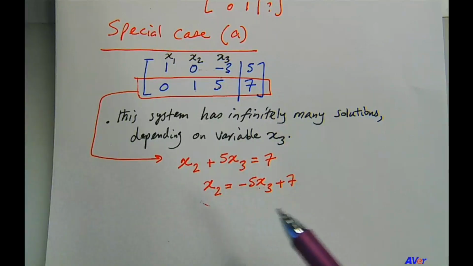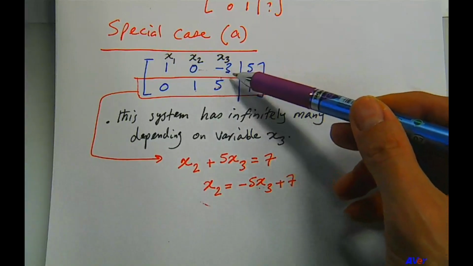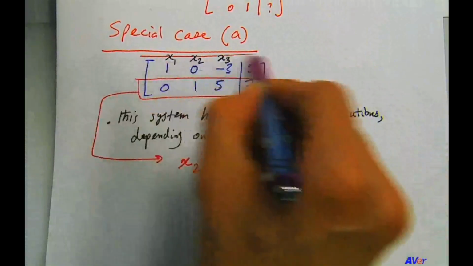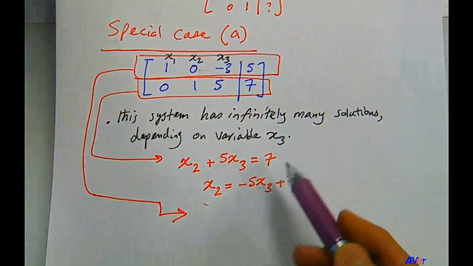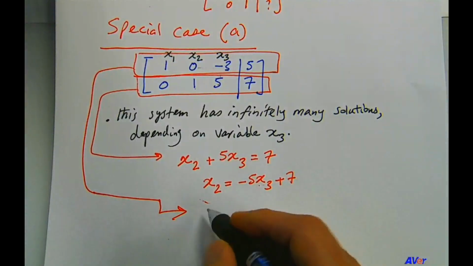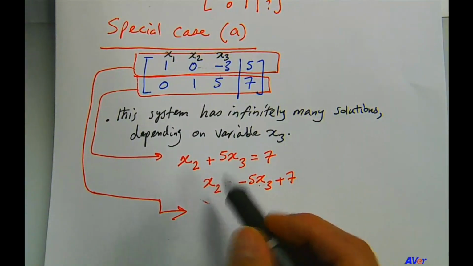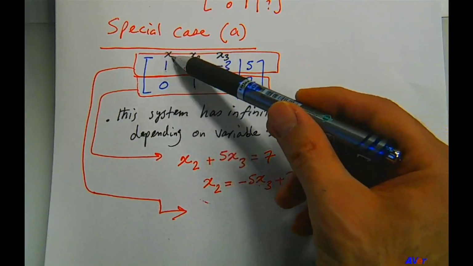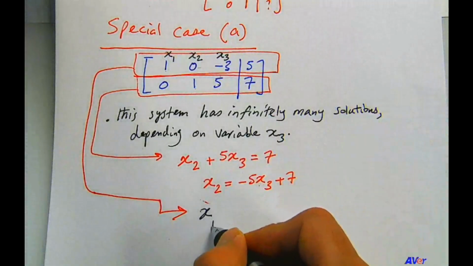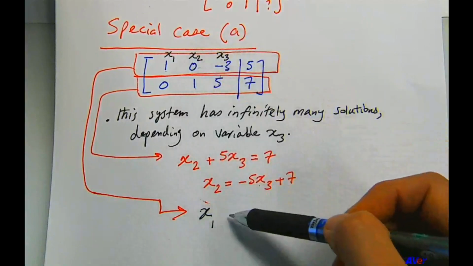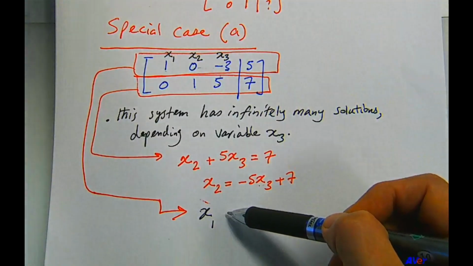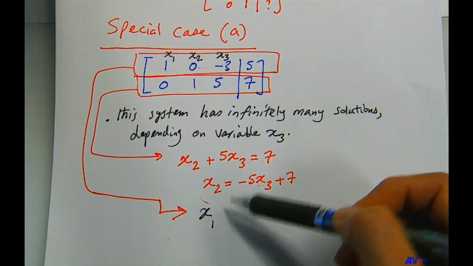Now let's do the same thing for the row above this in the system. So we're going to do the same thing for this row. 1 times x1 is x1. 0 times x2 is 0, so there is not going to be an x2 in this equation.